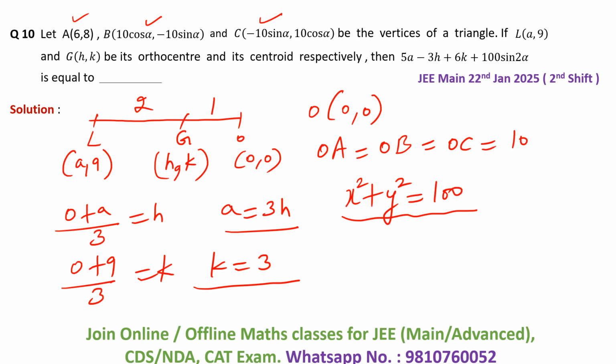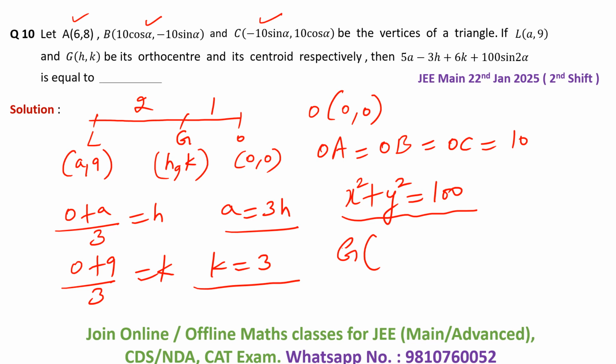Fine. Now students, we find the coordinates of the centroid of the triangle by using the formula (x1 plus x2 plus x3) by 3, (y1 plus y2 plus y3) by 3, where (x1, y1), (x2, y2), (x3, y3) are the vertices of the triangle.